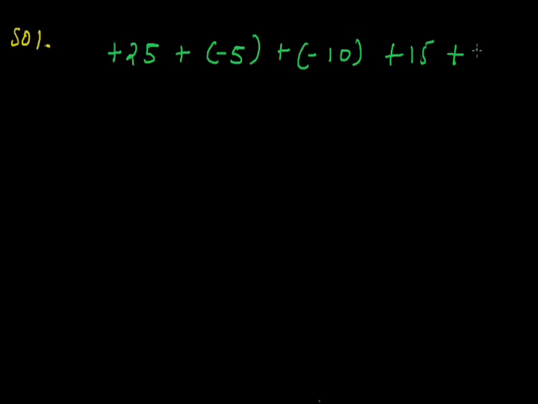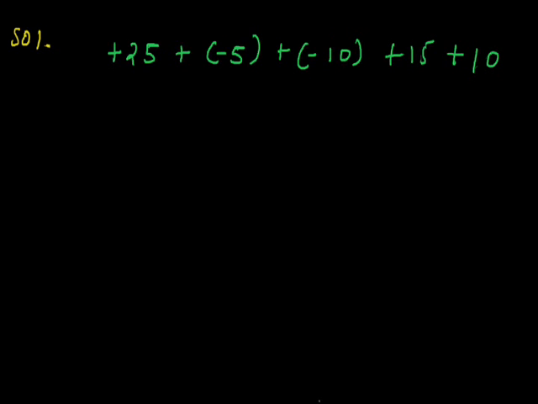In the first round, he scored plus 25 marks. In the second round, he scored minus 5 marks. In the third round, he scored minus 10 marks. In the fourth round, he scored 15 marks. And in the fifth round, he scored 10 marks.